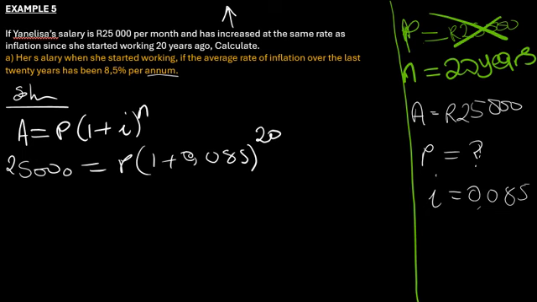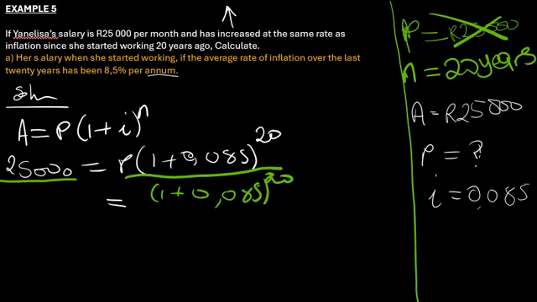Then this alone is going to be 1 plus 0.085 raised to the power of 20 years. Let me just divide on both sides by 1 plus 0.085 to the power 20.